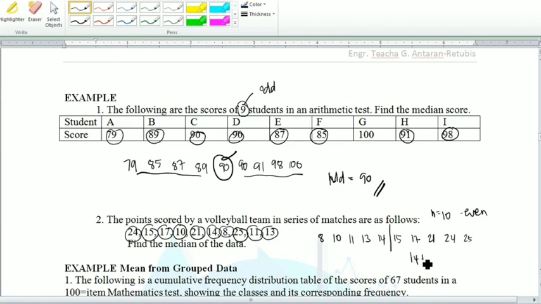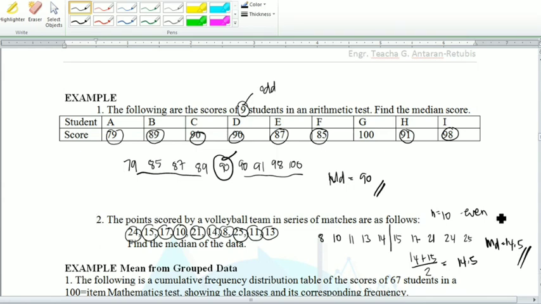So 14 plus 15 all over 2. In this case, 14 plus 15 over 2, that is 14.5. So therefore, median is 14.5. So this is already the answer, class, for our median, which is ungrouped data.